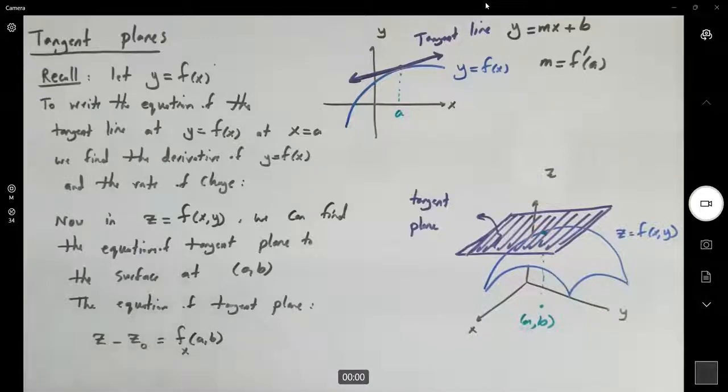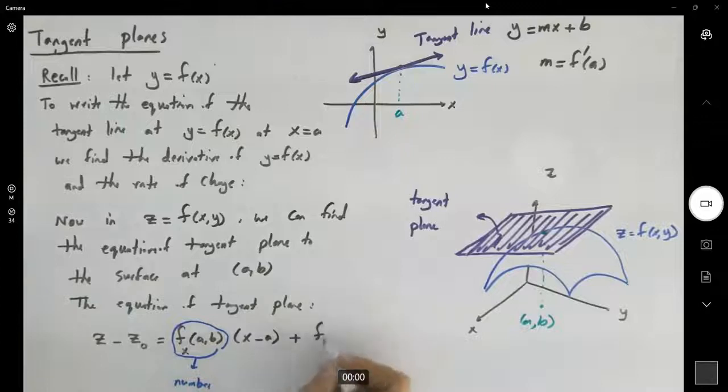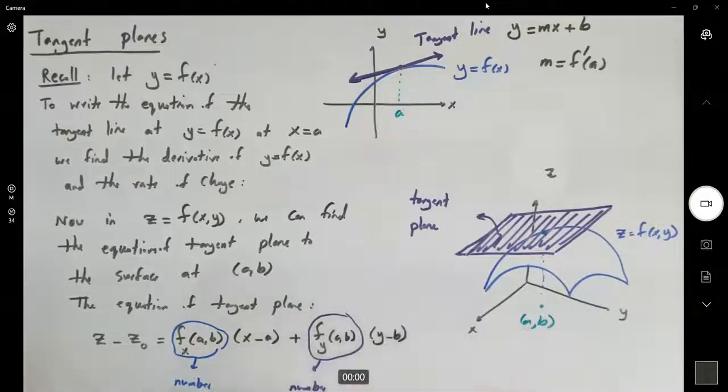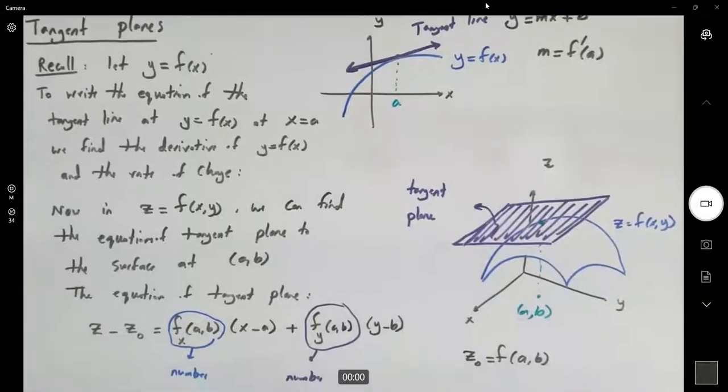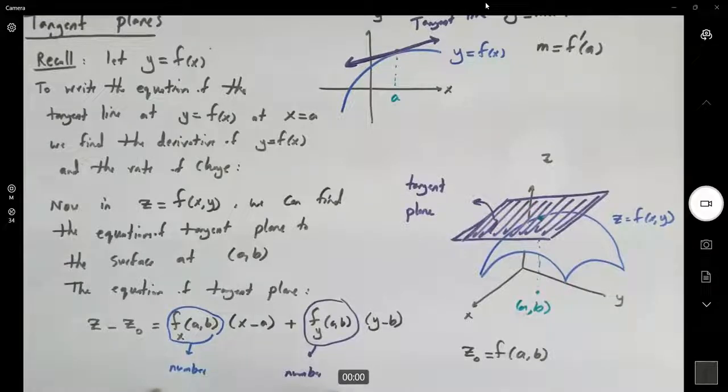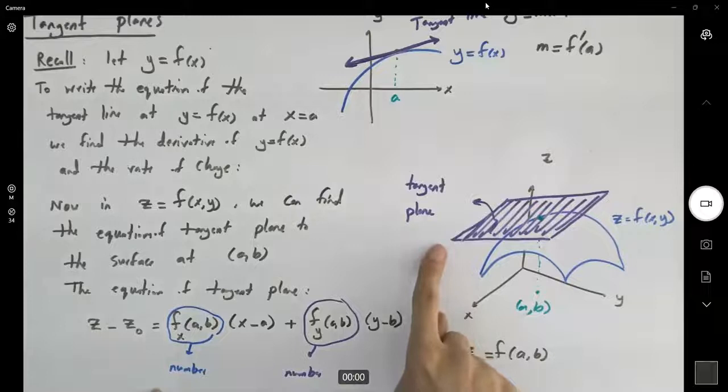This is the rate of change of f with respect to x, which is a number, times x minus a, plus the partial derivative of f with respect to y at a and b, another number, times y minus b. What is z sub 0? Z sub 0 is f evaluated at a and b.